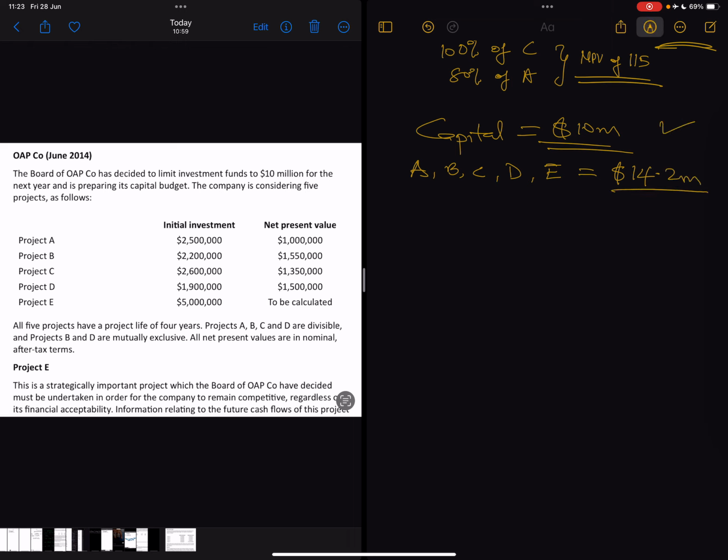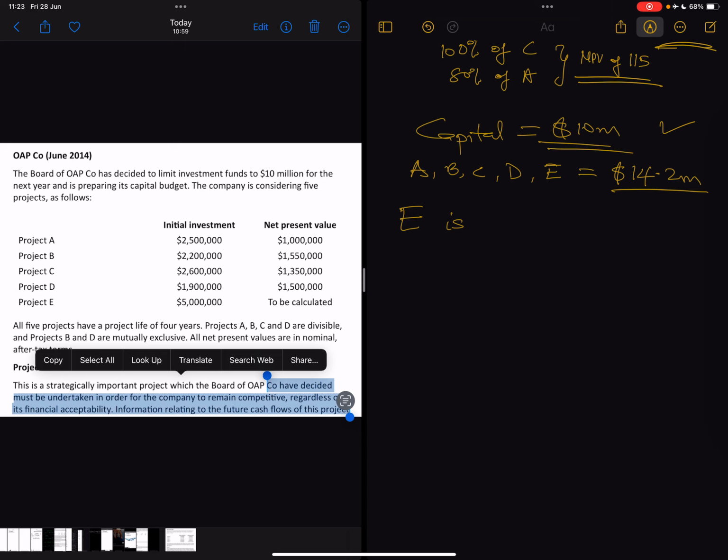And this question says that E is strategic. You can see project E is strategically important, which the board of OAP have decided must be undertaken in order for the company to remain competitive, regardless of its financial acceptability. So whether the NPV of E is negative or positive, we must do it because it's strategically important.